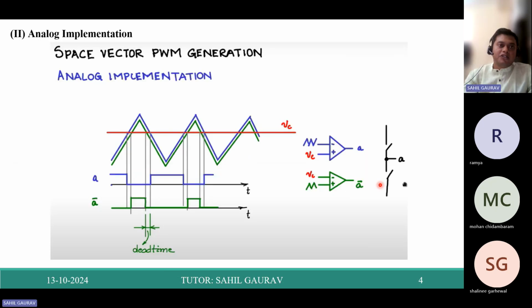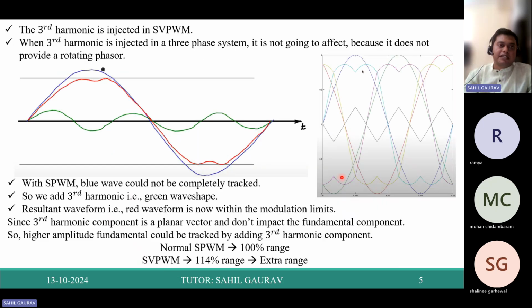Here is the advantage of space vector PWM generation: the third harmonic is injected in SPWM, and when you inject this third harmonic it does not affect the line voltage because it does not provide a rotating phasor; it cancels out, since if you multiply by 3 it becomes 0. If you see the blue curve, with SPWM it could not completely track.